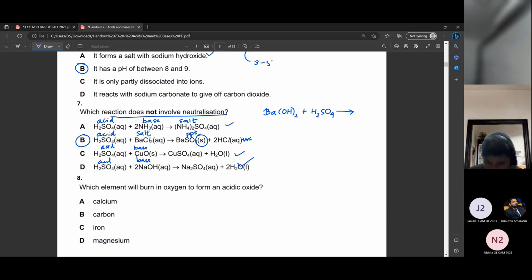If you figure it out something like that, yes. Neutralization. Or H2, OH.